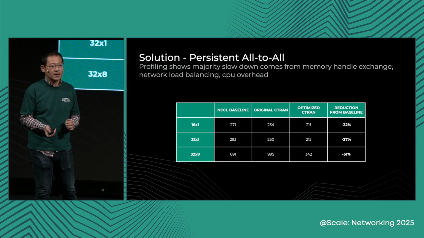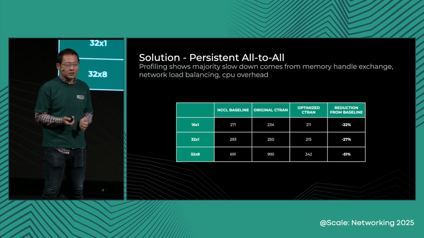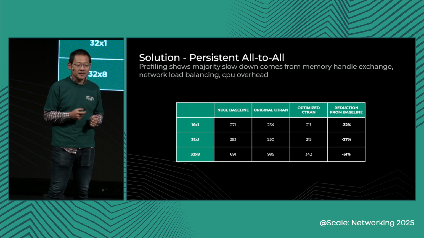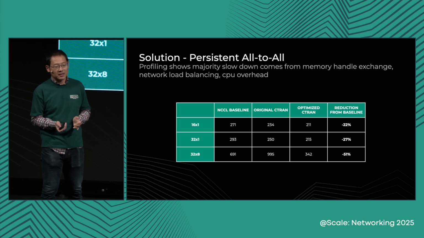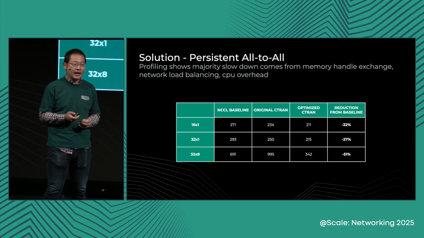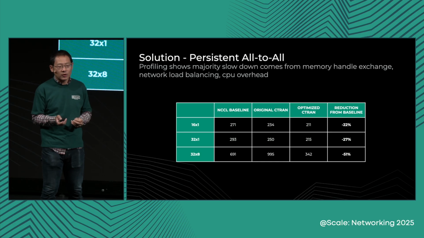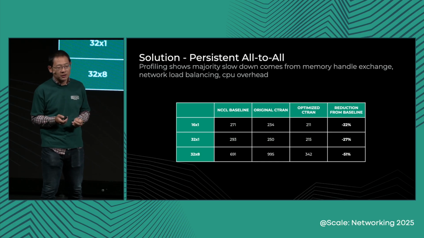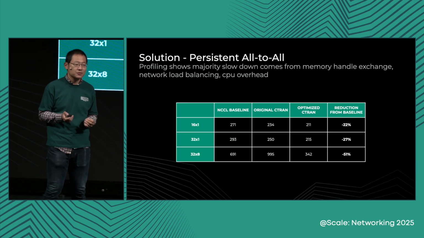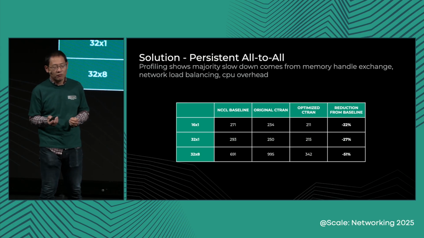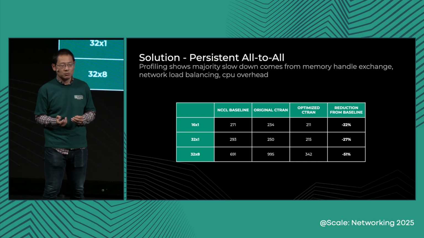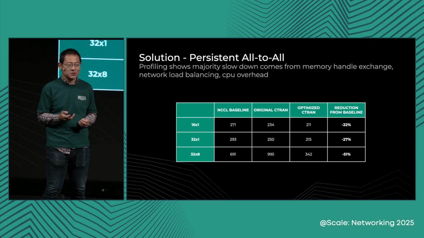The other optimization we are doing is something called persistent all-to-all. As we mentioned, decode is very latency bound, right? And we see a lot of the slowdown and overhead coming from the all-to-all kernel because of the memory exchange, networking load balancing, CPU overhead, etc. So we have a library called custom transport, or CTran, which is going to be open source very soon.